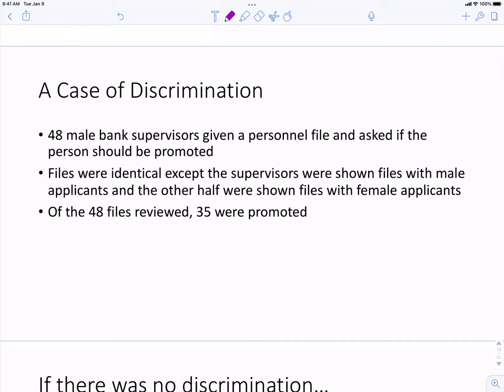The files were identical, except half the supervisors were shown files with male names, and half of the supervisors were shown files with traditionally female names. And of the 48 files reviewed, 35 were promoted.